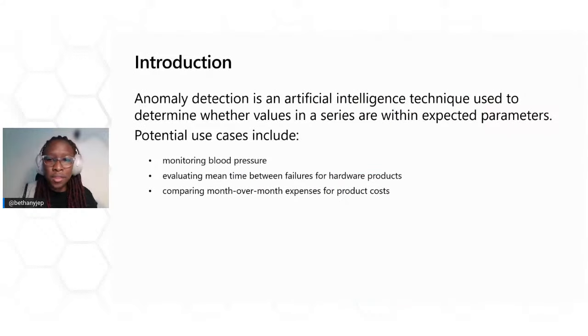So with this, you can analyze values within a series. Most of the time, when you're doing anomaly detection, you have values over a period of time, over months, years, or even weeks. With all this data you've collected, you can tell when a value is over or under the estimate.